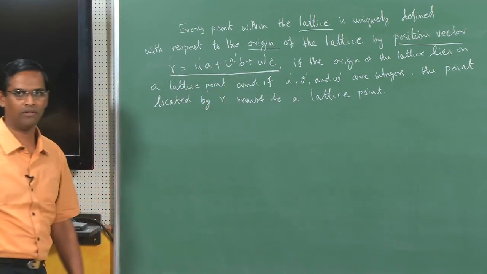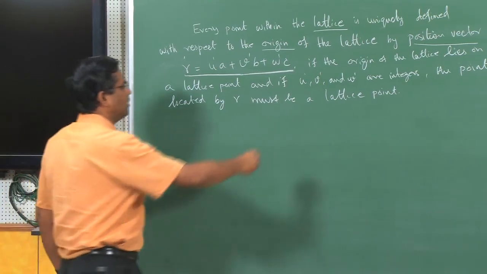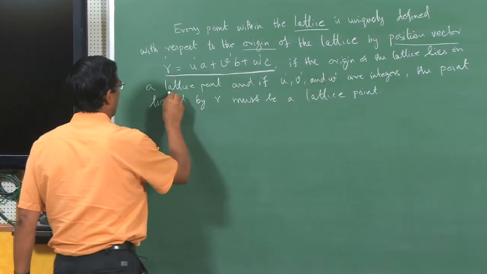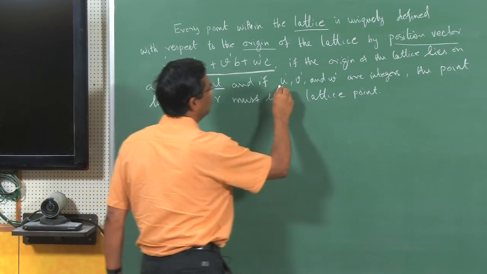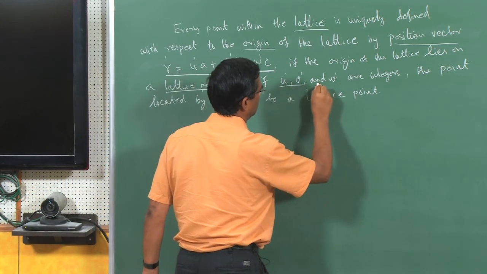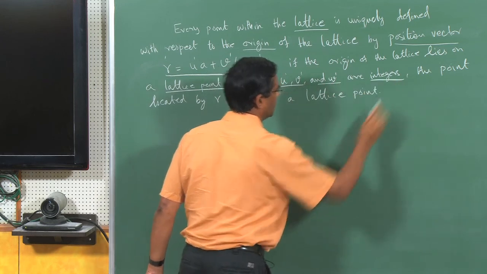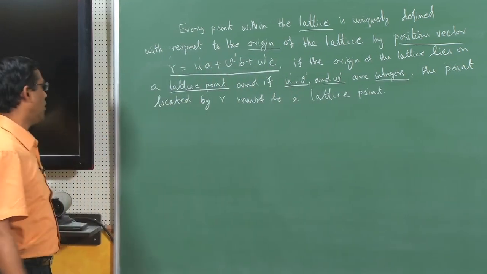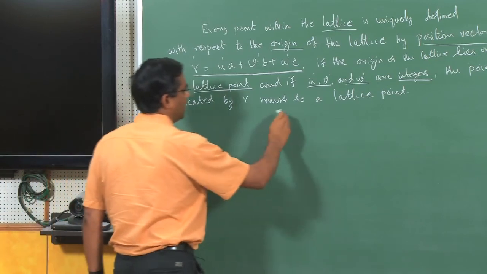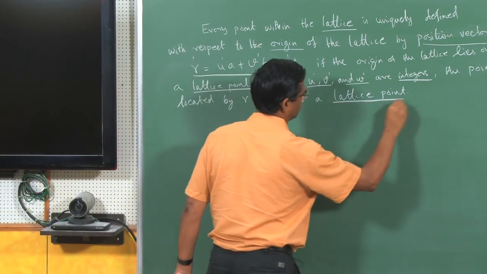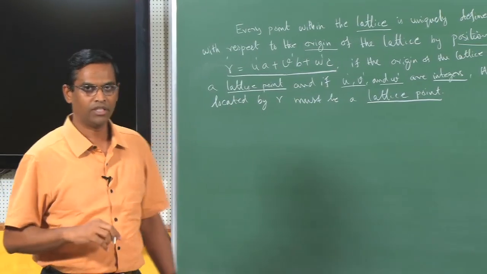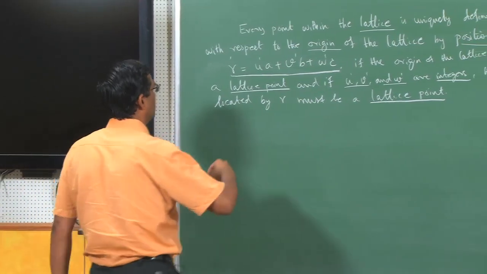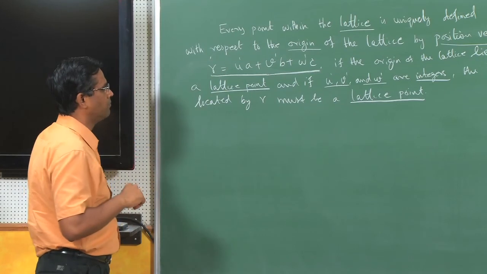This is a position vector. If the origin of the lattice lies on a lattice point, and if u', v' and w' are integers, then the point located by r must be a lattice point. This is a very fundamental definition of a position vector.